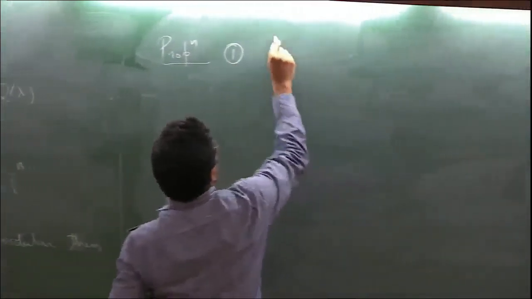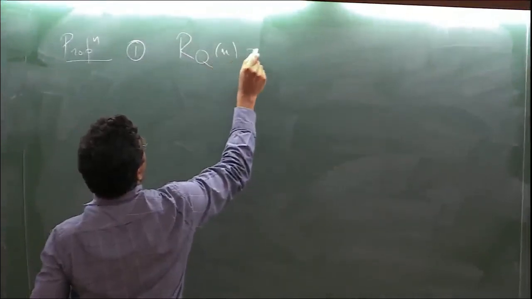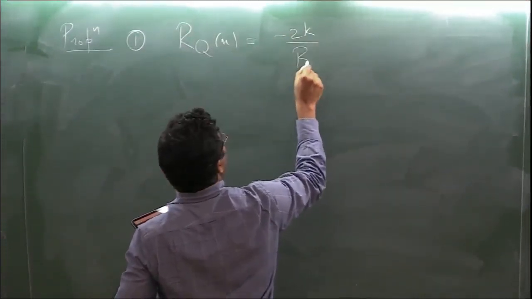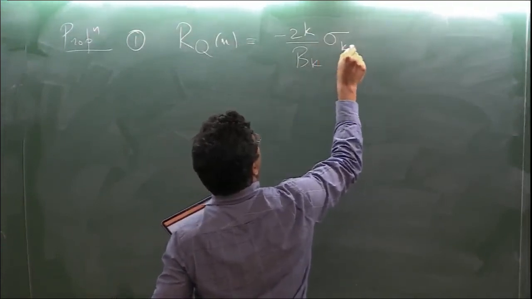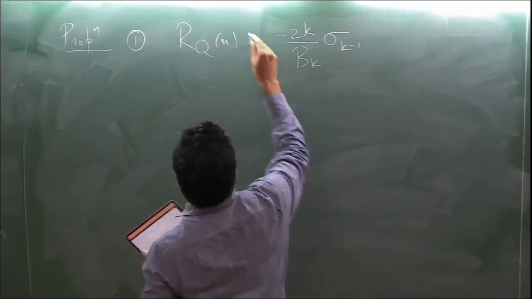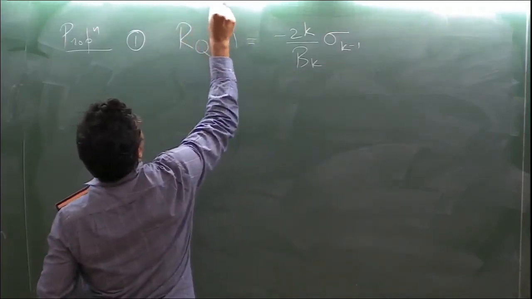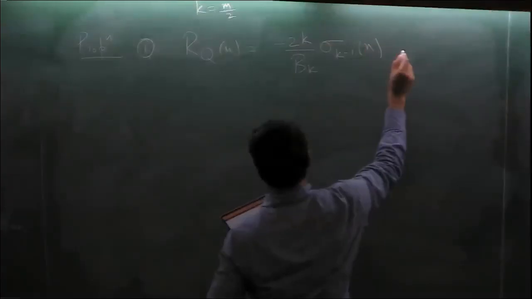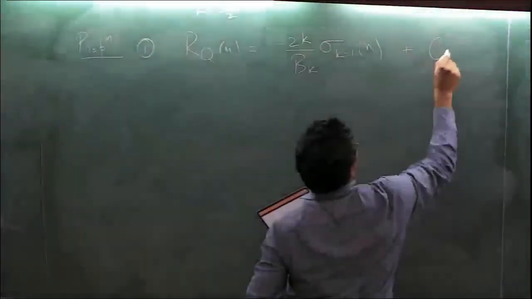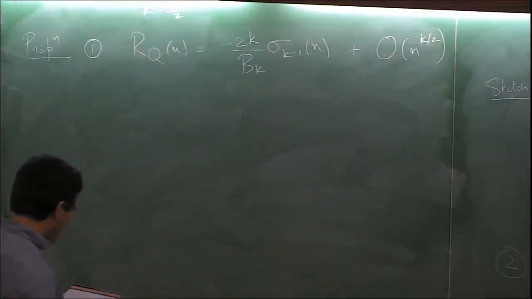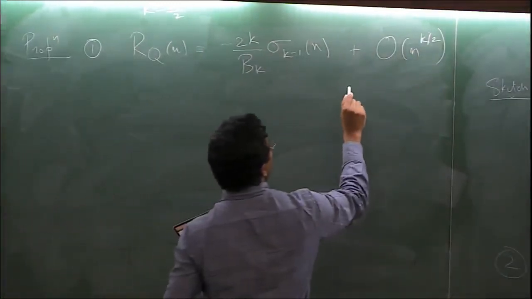One: r_Q(n) is equal to minus 2k over B_k times sigma_k(n), where k is m by 2, plus big O of n to the k by 2. Okay, so this is as n goes to infinity.